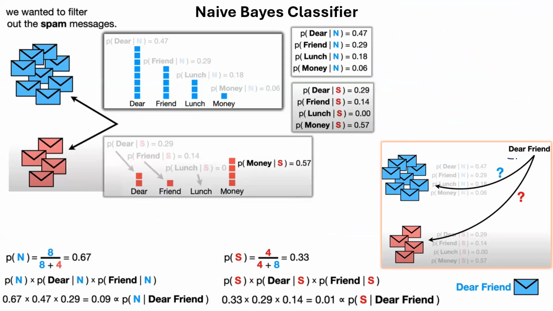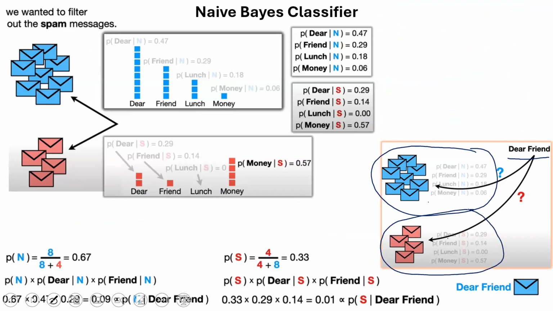Now you're given "dear friend" as the message. You want to classify "dear friend" as spam or not spam. So you use all these calculations from the data set that you have got. These are all likelihoods, right? And now you want to classify "dear friend".